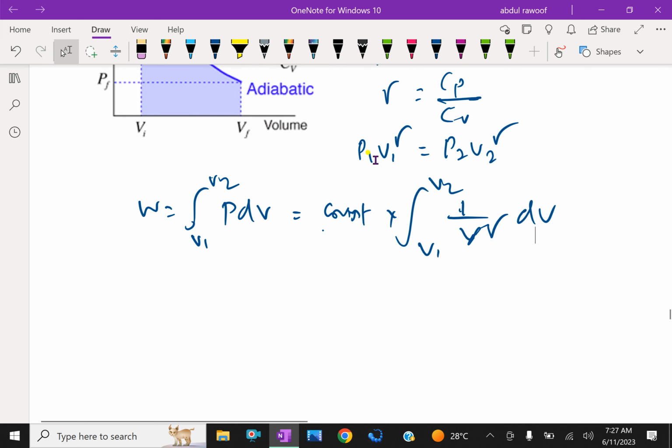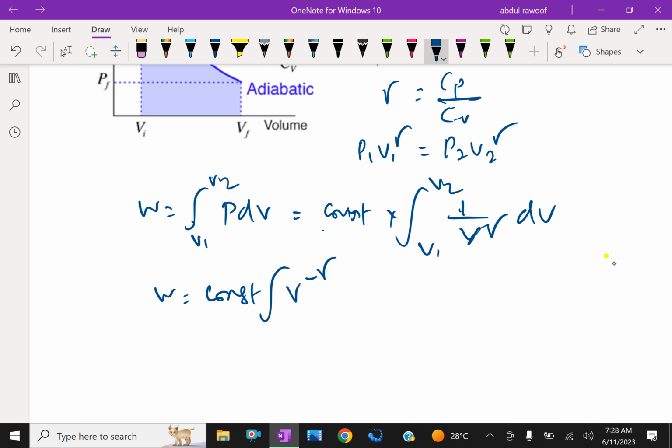Integrating, we first write V to the power minus gamma, so W equals constant times the integral from V1 to V2 of V to the power minus gamma dV.